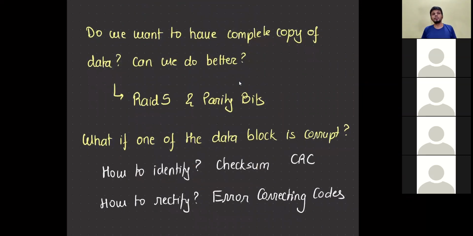So when you are replicating, do we want to have a complete copy of the data? Can we do better? Read about RAID 5 and parity bits. There are error detecting codes and error correcting codes. In most cases, we just find out error detecting codes, where we identify that there is an error, but there are error correcting codes as well that would help us: if there is data corruption, they would also help us correct the data.